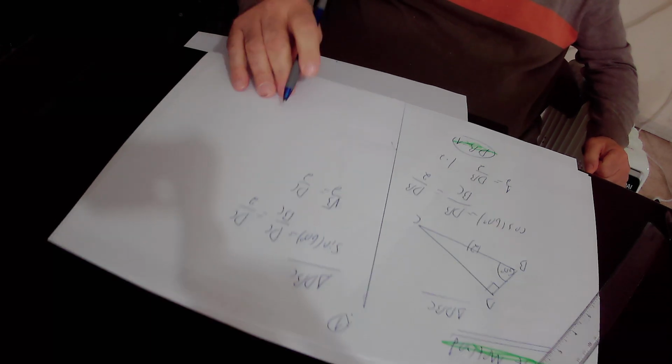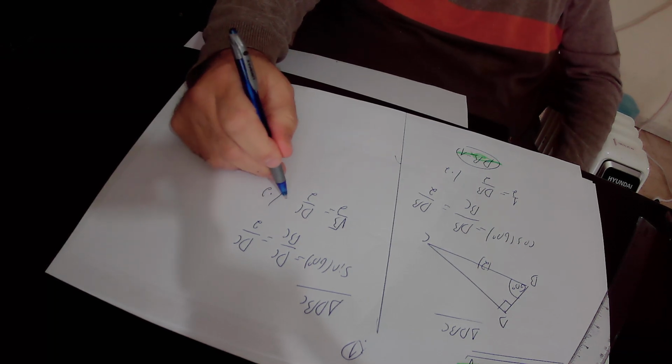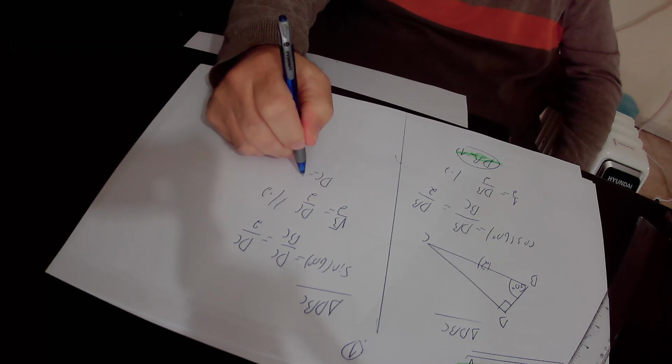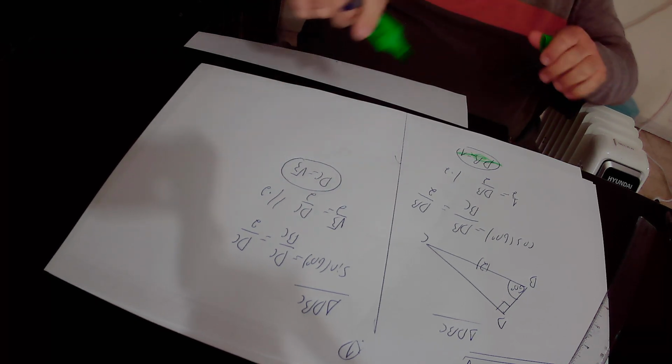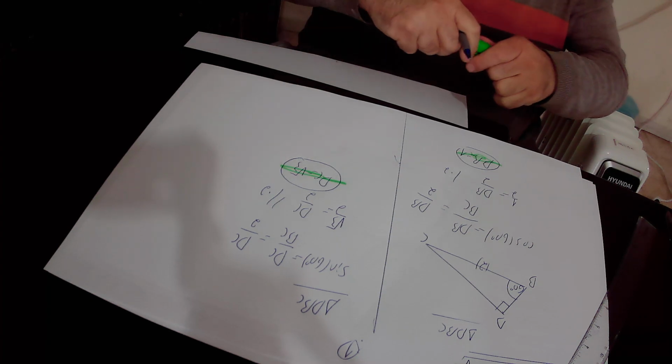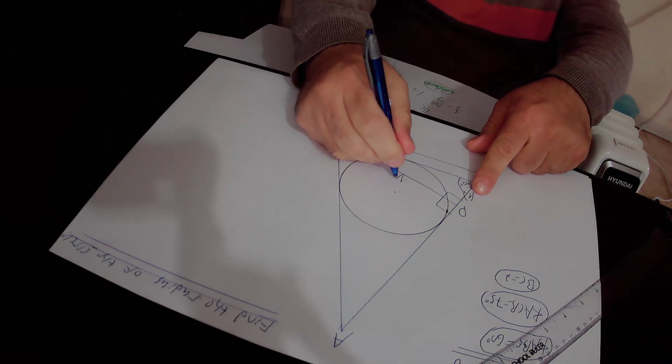Here we multiply this equation by 2 and finally we get that DC equals the square root of 3 units in its length. So here this side DC equals the square root of 3 units in its length.